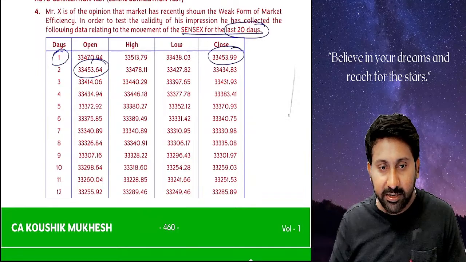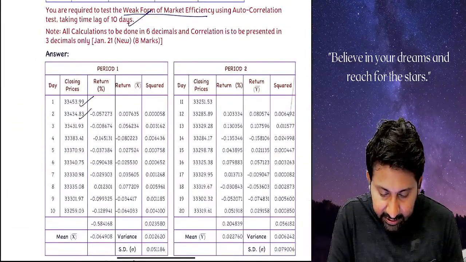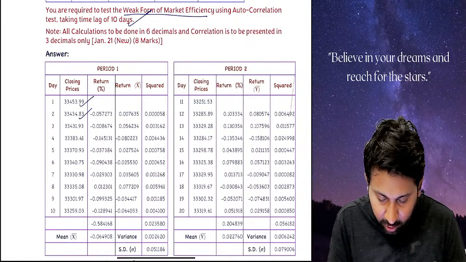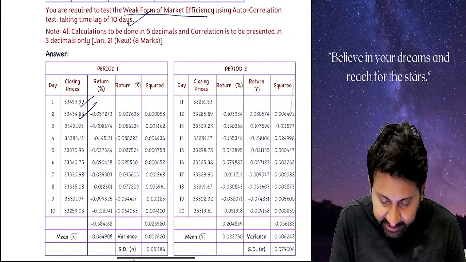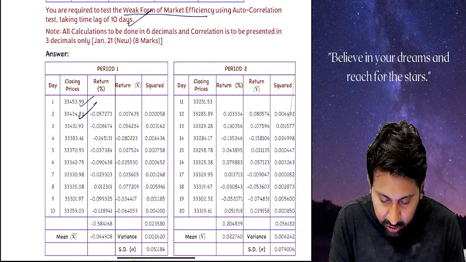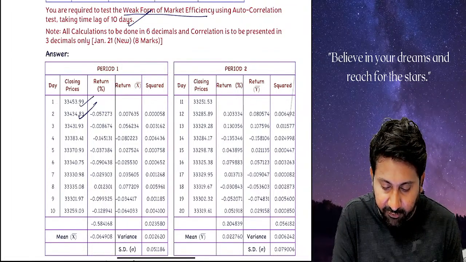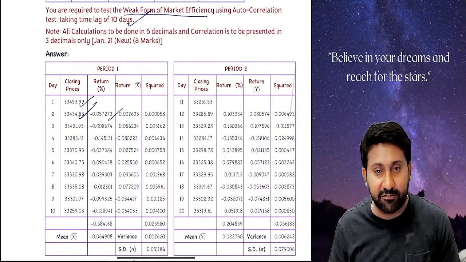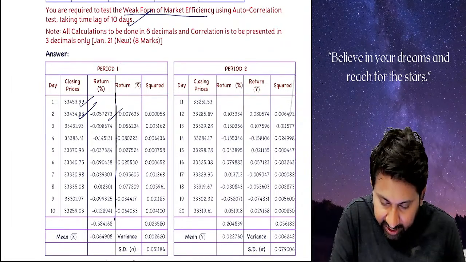Closing price, first day. This is the closing price, and this is the next day's closing price. There is a change. You take the difference between both of them, divided by 33,453, and you get 0.057273. Like this, you calculate all the percentages.